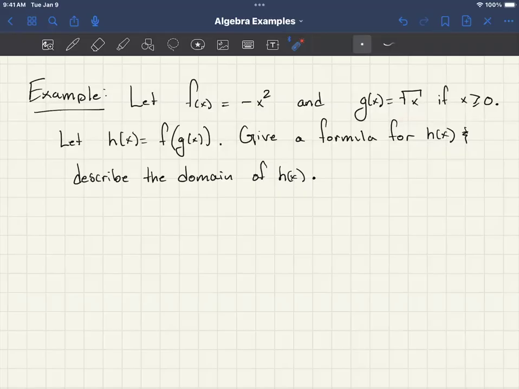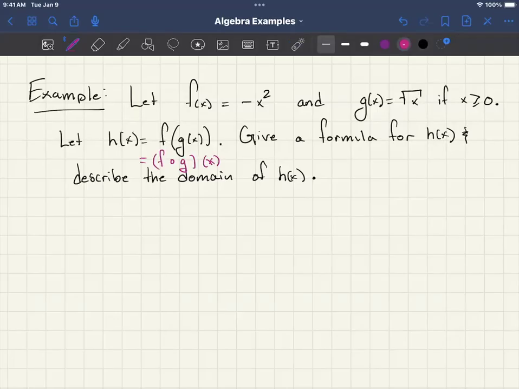Okay, we are also going to let h of x is equal to f of g of x. Now, I do want to point out that some of you may see this as f little circle g of x. This is a composition of functions, so it means that we are putting two functions together. This is a different way of combining functions.